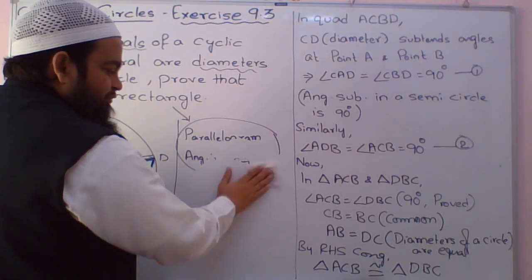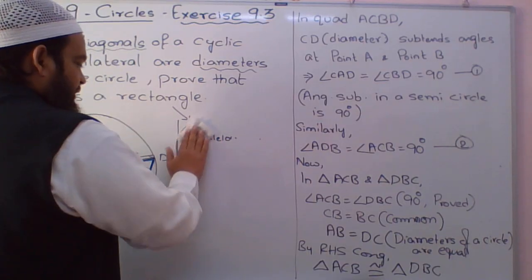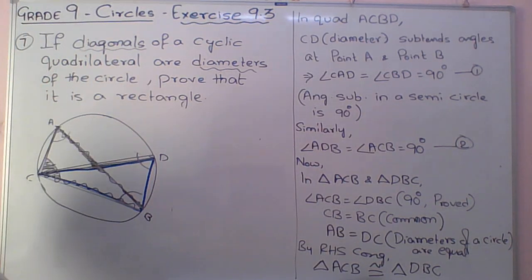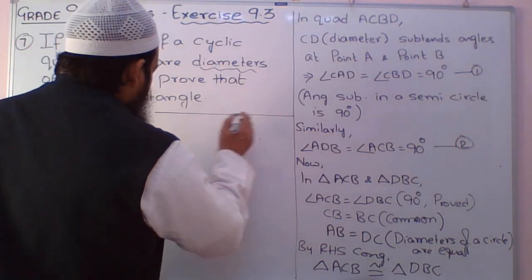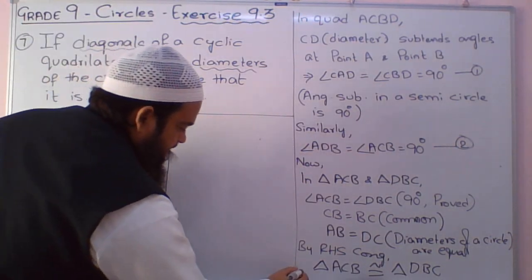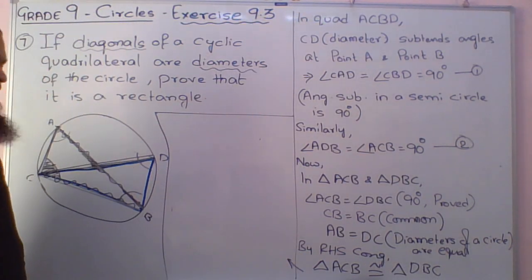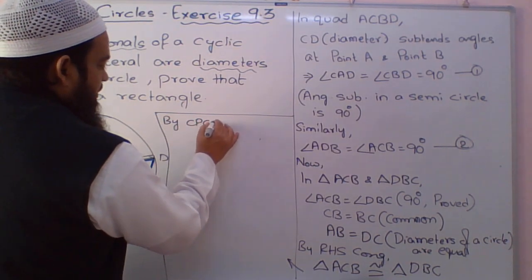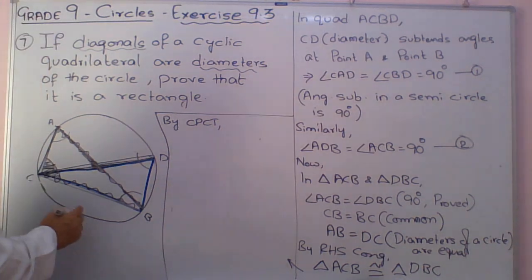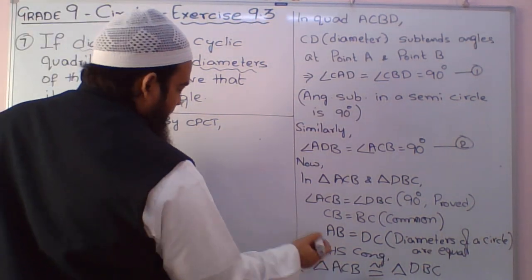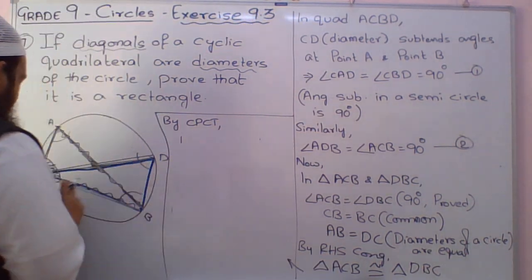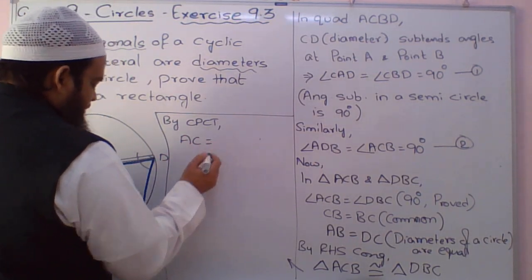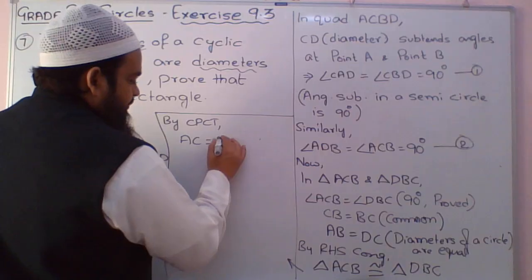When we have proved the congruency, you have to understand this. Sorry, I thought I could complete it over there. So now let me do it here. Since they both are congruent, by CPCT, AC is equal to DB.